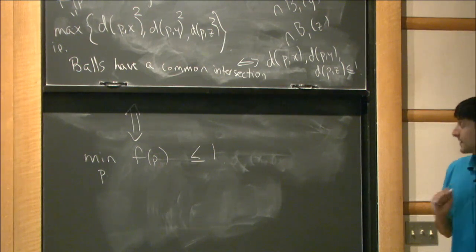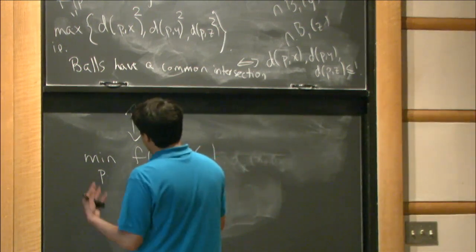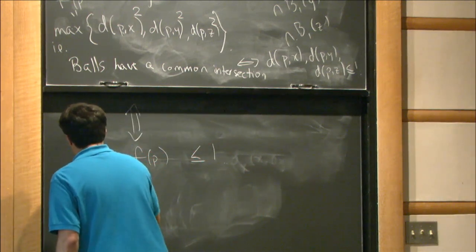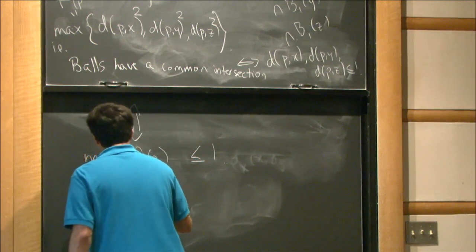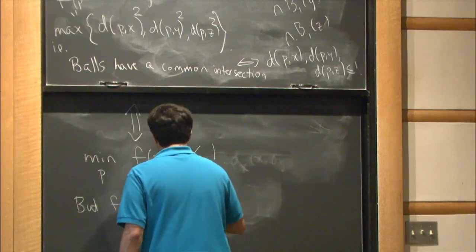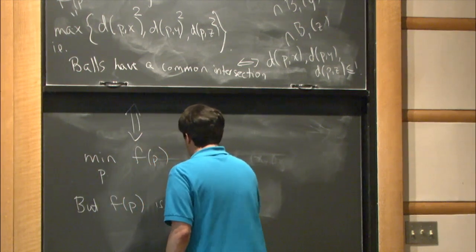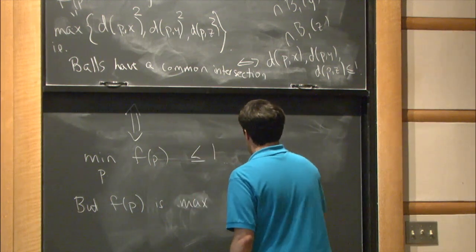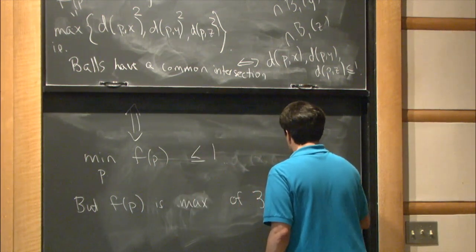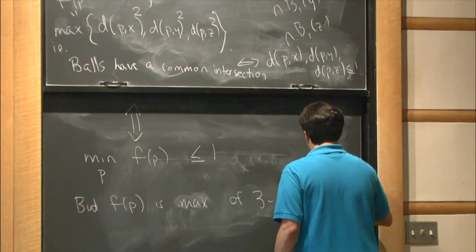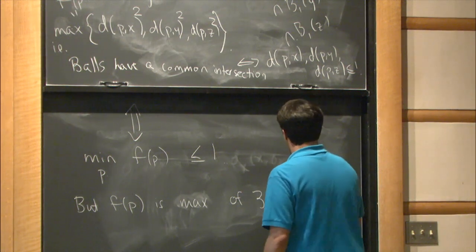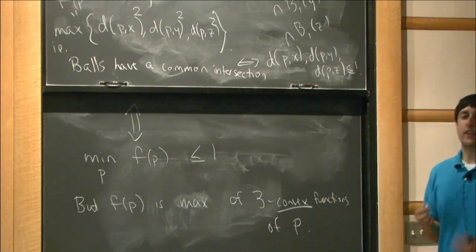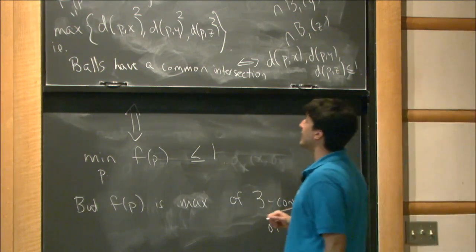But what can you say about this function f of P? f of P is the maximum of 3 convex functions of P. So what does convex mean in this context?